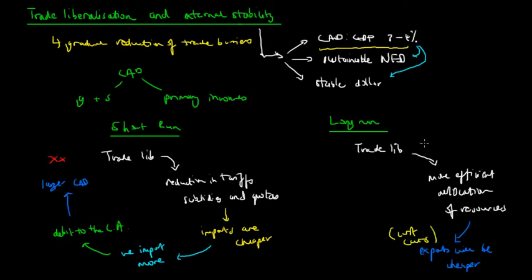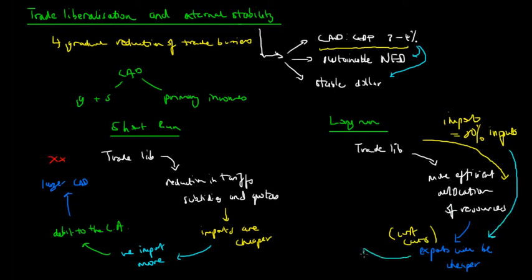You can also think of this as another flow, where our imports being cheaper means the cost of production is also cheaper, and now that we're producing goods and services where we have comparative cost advantage, therefore exports would also be cheaper.